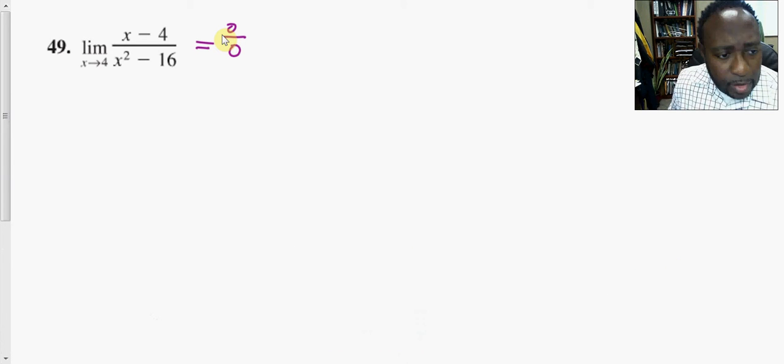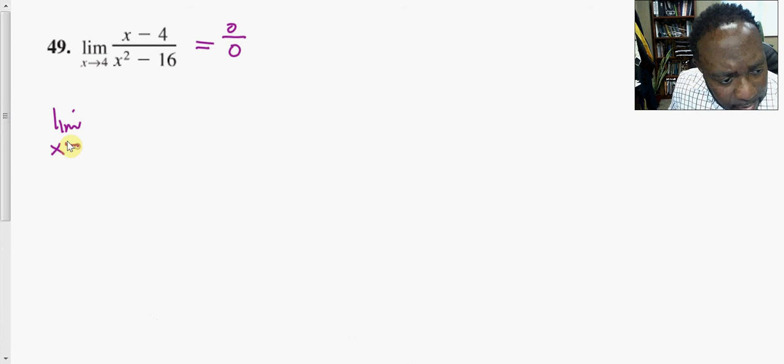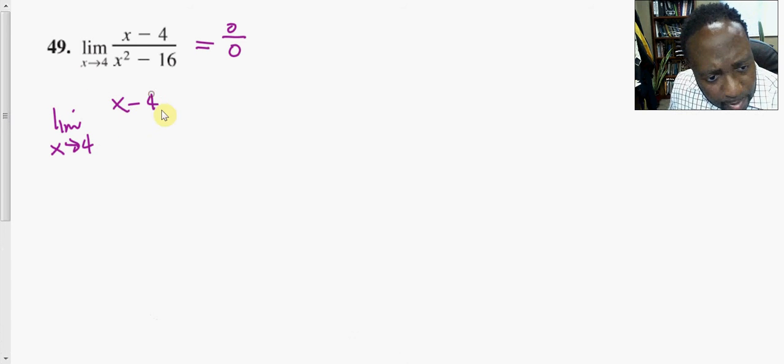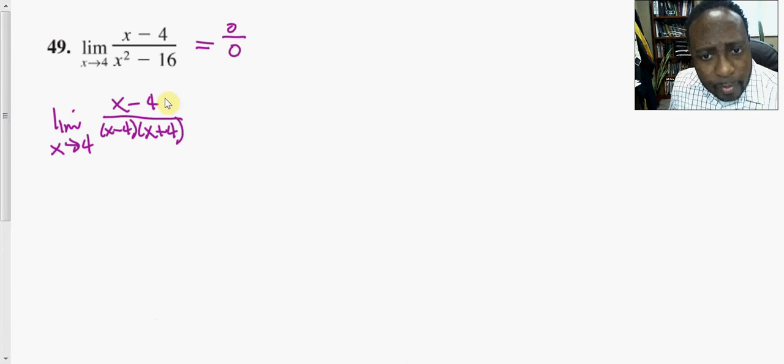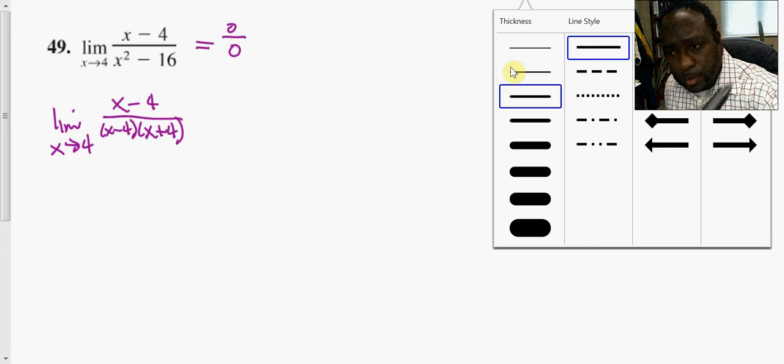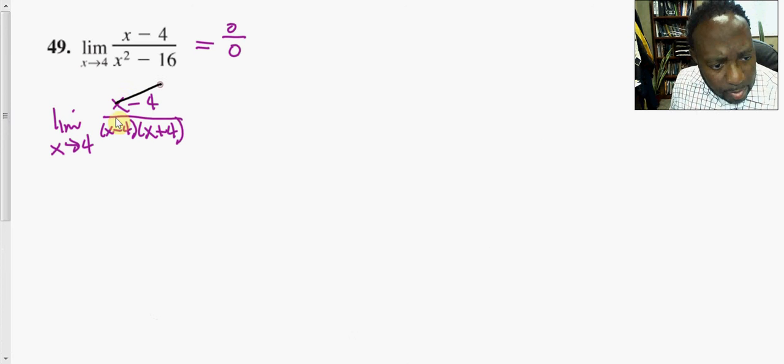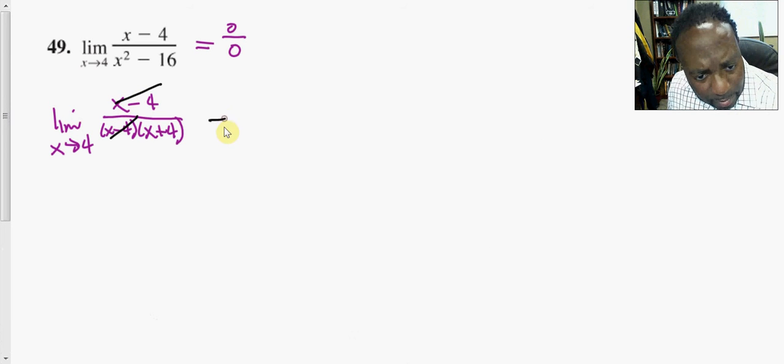Looks like we can factor our denominator. So this is the limit as x approaches 4 of x minus 4 all over x minus 4 times x plus 4. Now the x minus 4 will cancel out.